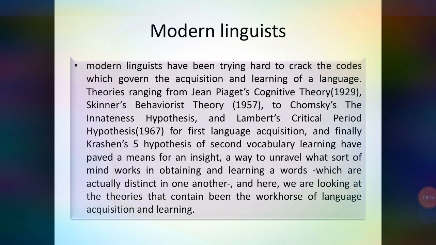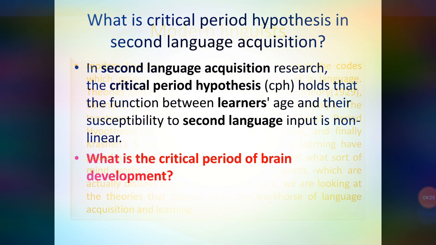And here we are looking at the theories that are the workhorse of language acquisition and learning. What is the critical period hypothesis in second language acquisition? The critical period hypothesis is the subject of a long-standing debate in linguistics and language acquisition over the extent to which the ability to acquire language is biologically linked to age.